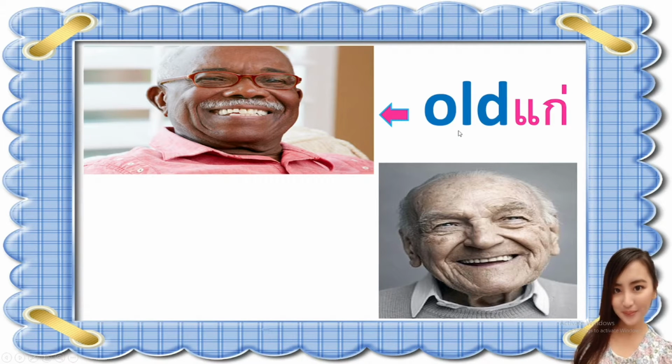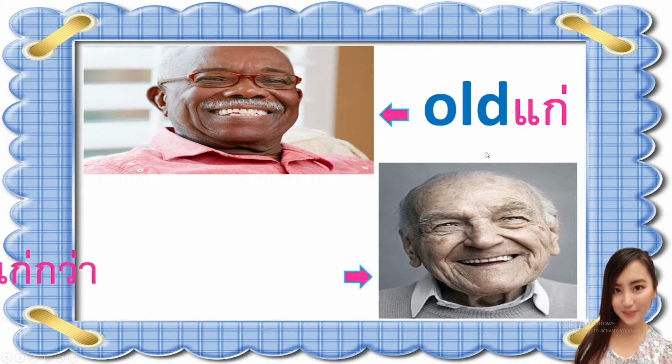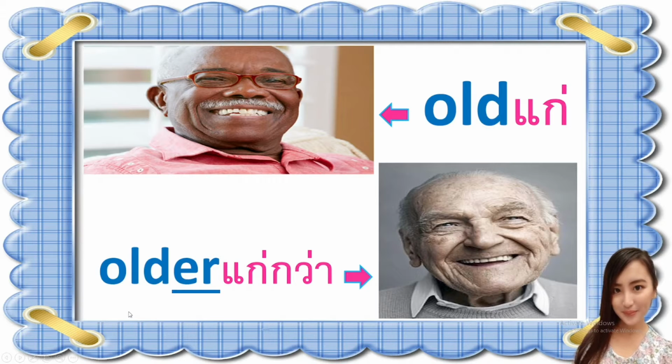The man is old. This is an adjective. It's short. Older. For this one, we just add ER to form the comparative adjective. Old, older.